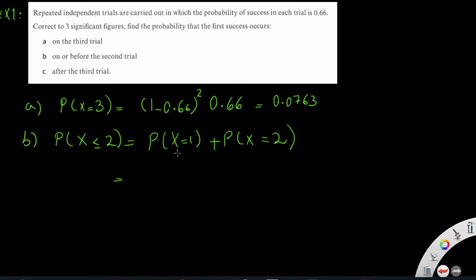So the probability of success in the first trial will be 0.66. In the second trial, it means that the first trial is a failure, then the second trial will be a success, 0.66, which equals 0.884.